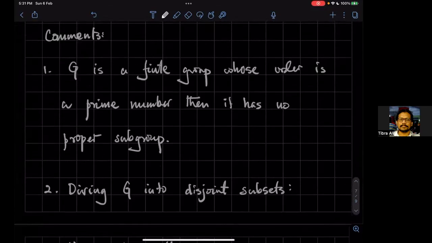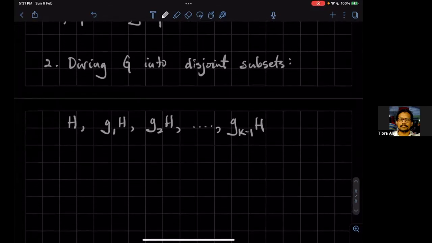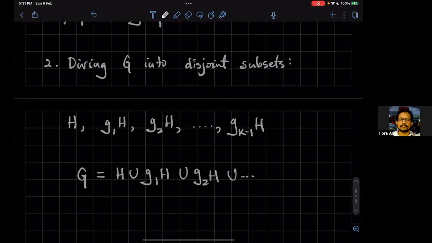So G is divided into disjoint subsets, which are all cosets, and G is the union of these cosets. Okay.